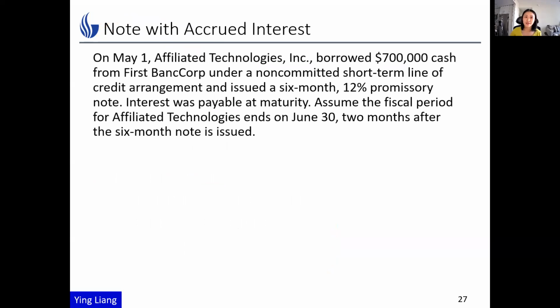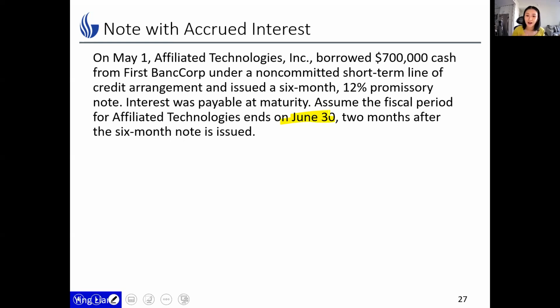Accrued interest payable arises in connection with a note payable. So we have the interest payable, right? And usually we record this when we adjust entries. Now, following the previous example about Affiliated Technologies, suppose the fiscal period of this company ends on June 30th instead of December 31st.